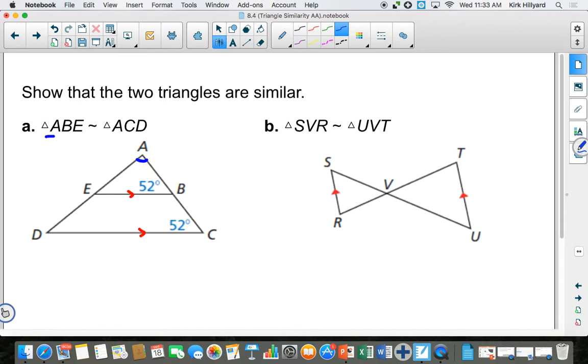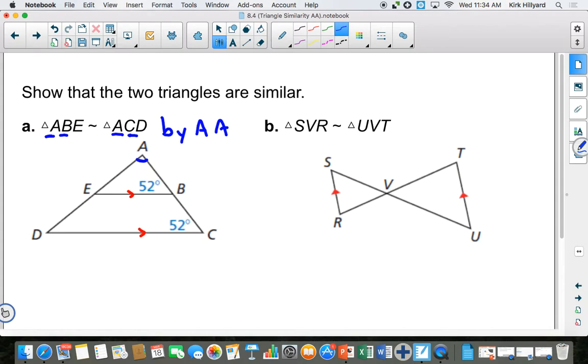So angle A is congruent to angle A, and we know that angle B is congruent to angle C. It does make these lines parallel, but that's not important at this point. They've written a similarity statement for you, so you could just say they are similar by angle, and we've shown that by indicating that the angle A's are congruent and the B and C are congruent.